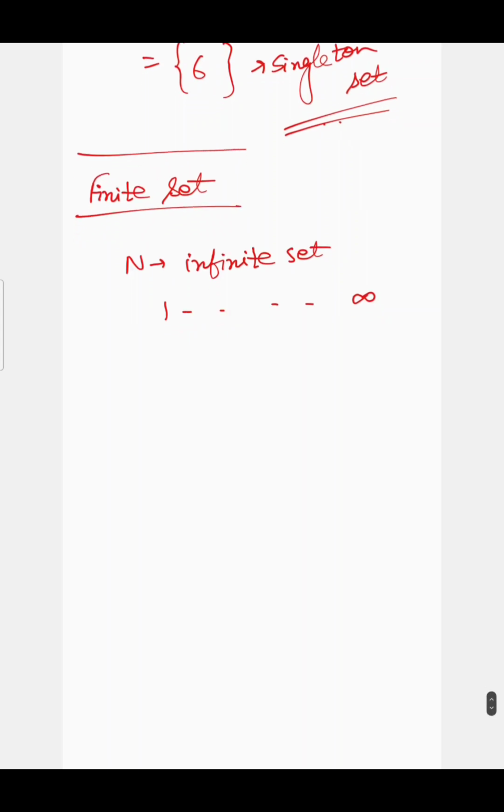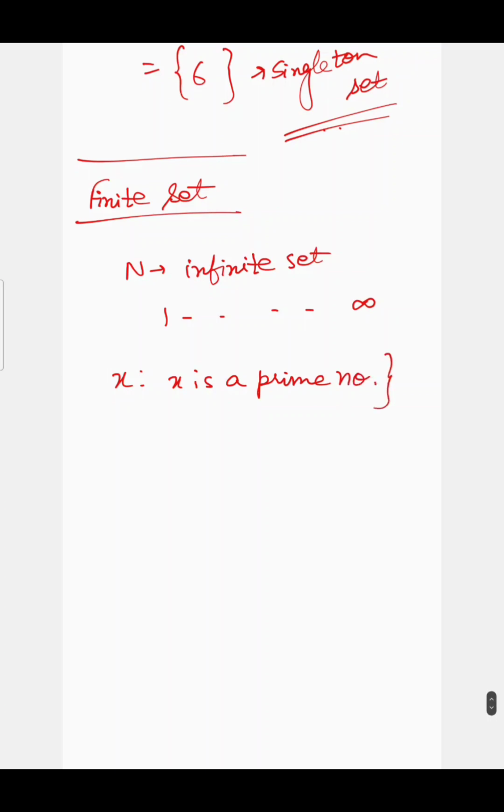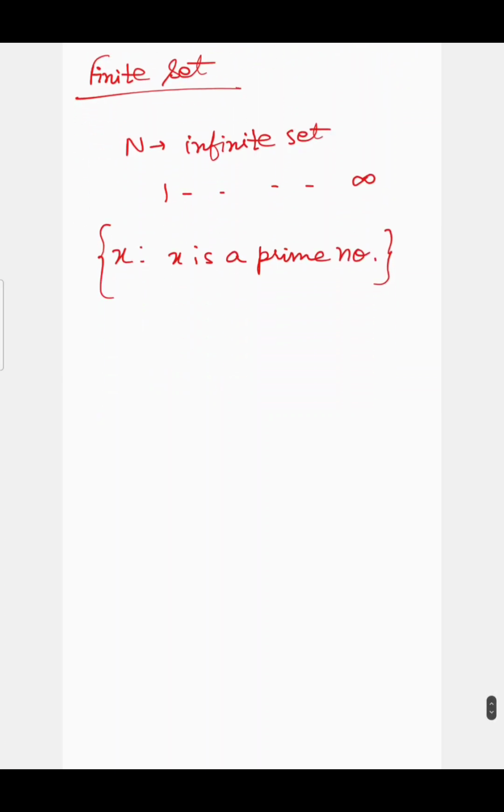But if I give you a set like this, the set of all x such that x is a prime number, this is also an infinite set.